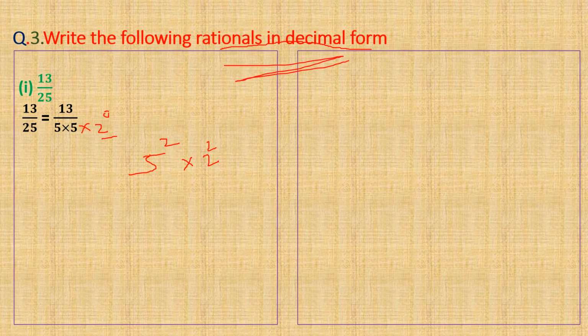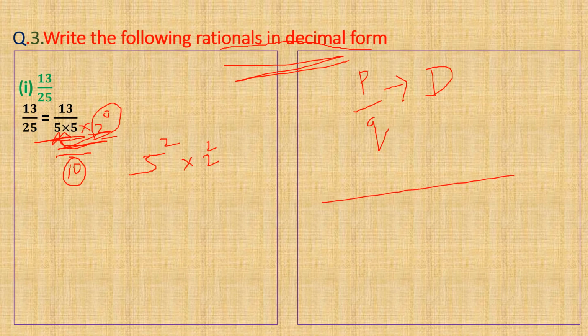Conversion happens only when the denominator is a multiple of 10. Just remember one thing: when you are doing conversion, then you should include 2 power m or 5 power n, this extra thing, to the present thing. But when he asks only whether it is terminating or non-terminating, then there is no need to include them.